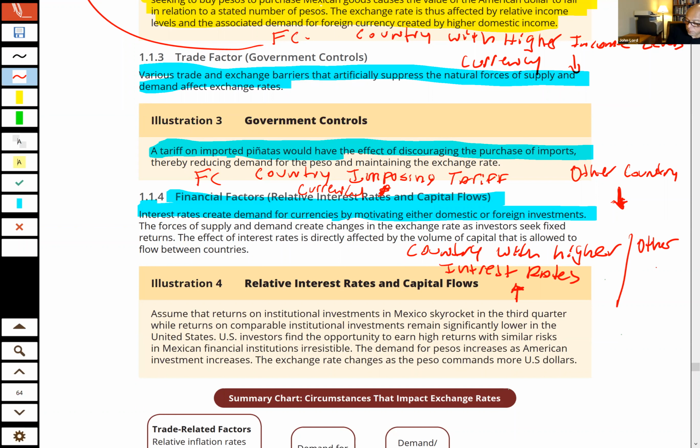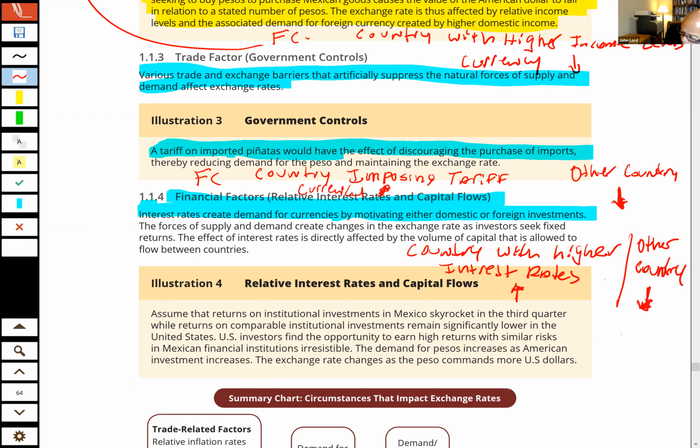And when I say the other country, they'll generally say interest rates are increasing in Mexico in relation to the United States. What will be the effect? They'll give you several choices. One of them might be that the Mexican peso is going down, or that the other country's currency would be coming down.